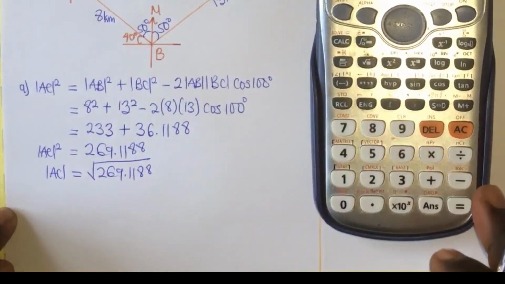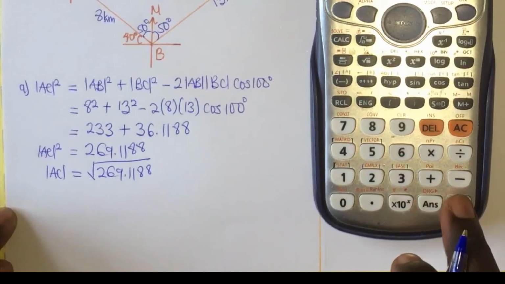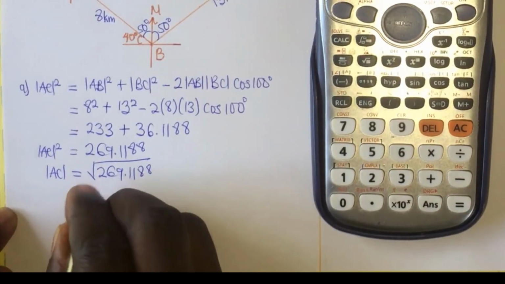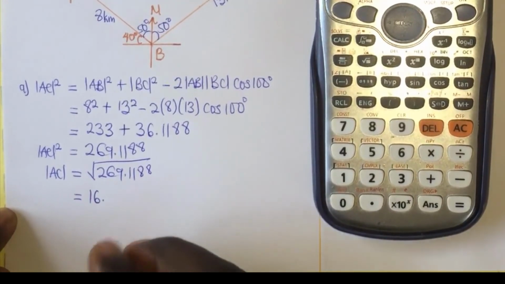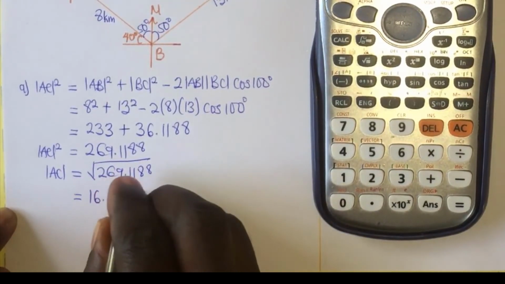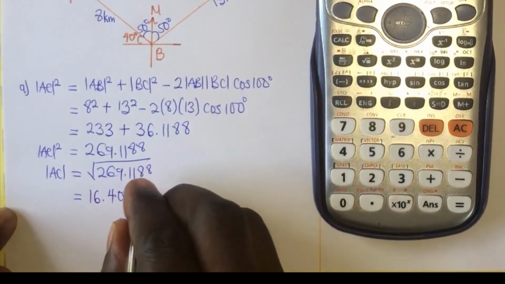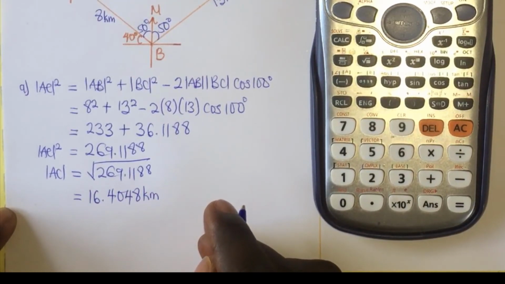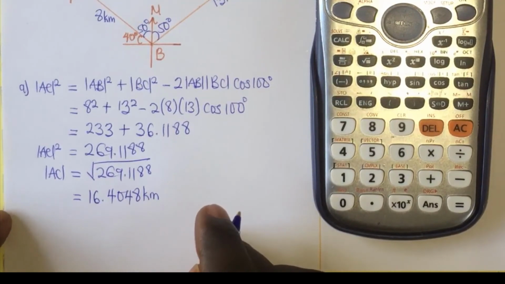So we take the square root of our answer and we are getting 16.4048 kilometers. But we are asked to leave our answer to 3 significant figures.